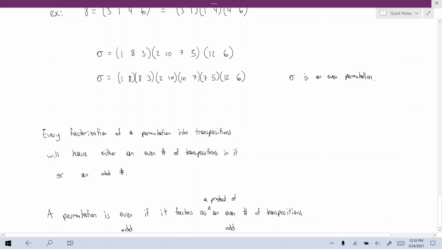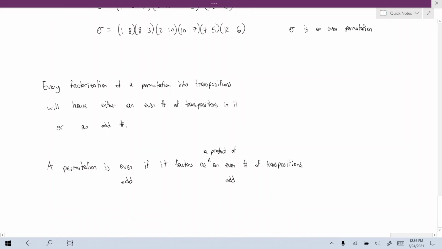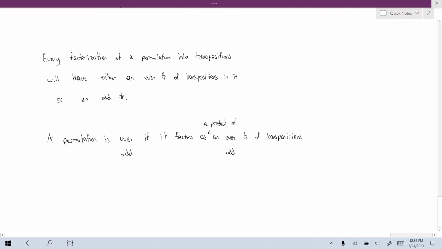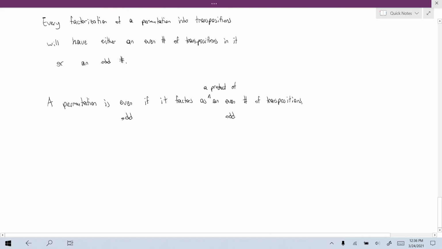Every other factorization of this permutation sigma into a product of transpositions will have an even number of transpositions in it, and you would never find a factorization of sigma into a product of an odd number of transpositions, okay? Okay, so with that, let me just end with a couple of miscellaneous comments, all right?